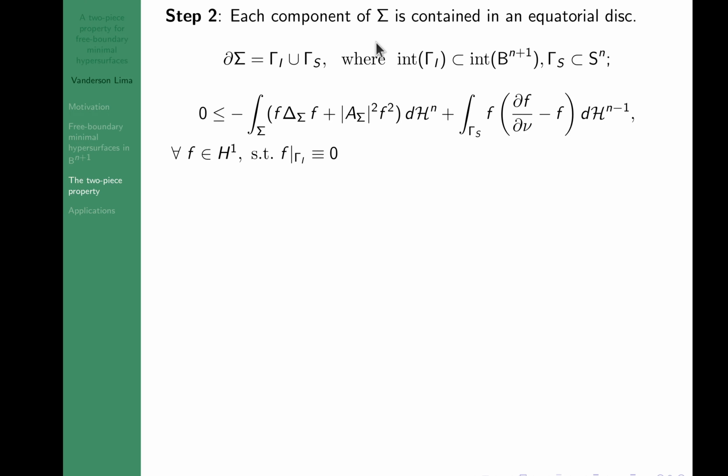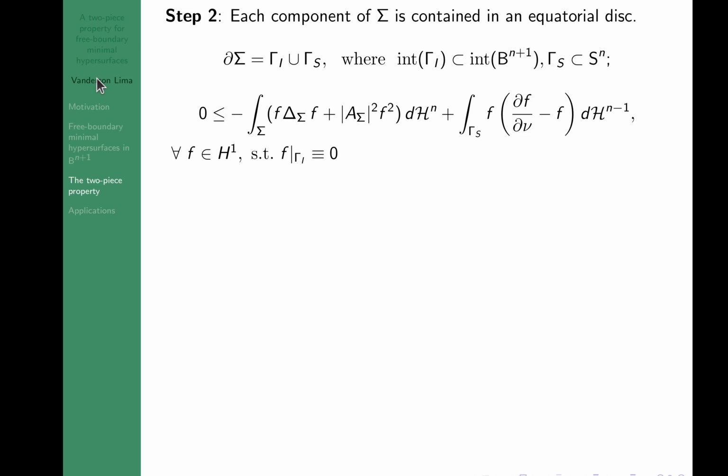And since I obtained the hypersurface by minimization, I consider the second variation of volume. We can prove that the so-called stability inequality holds.